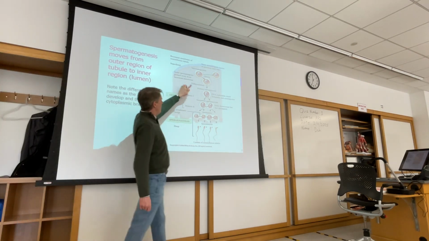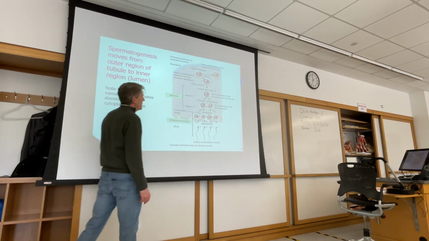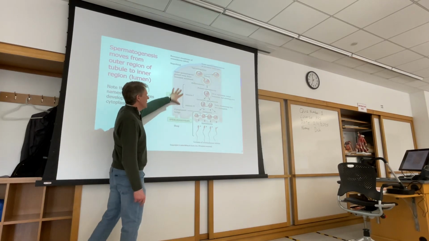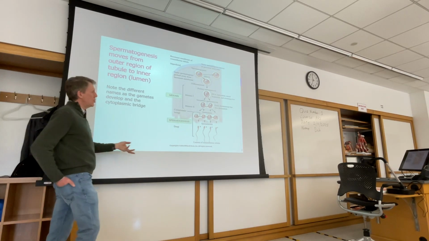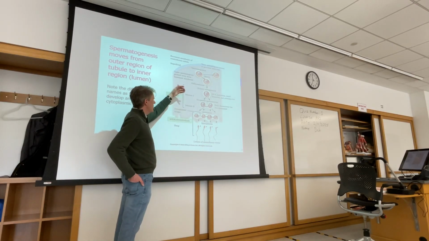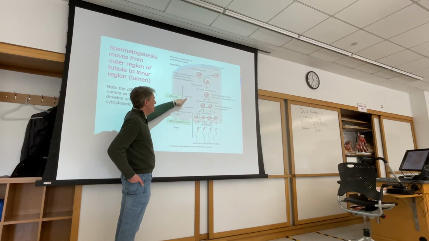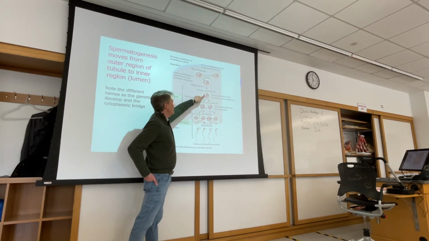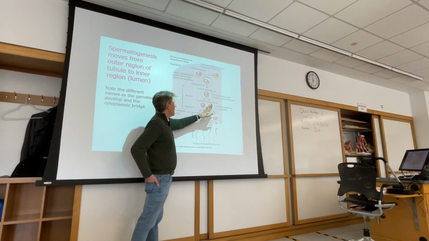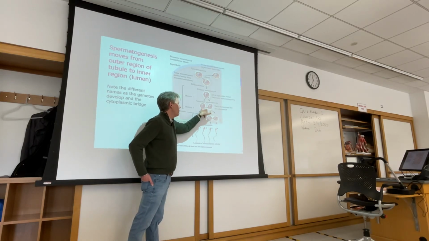That primary spermatocyte is what is going to enter into meiosis, okay? And if you remember with meiosis from AP1, there are two rounds of meiosis. There's meiosis 1 and meiosis 2. With meiosis 1, you're going from one 46 chromosome cell into two 23 chromosome cells.